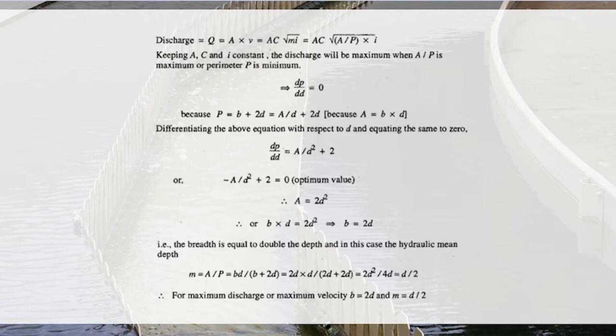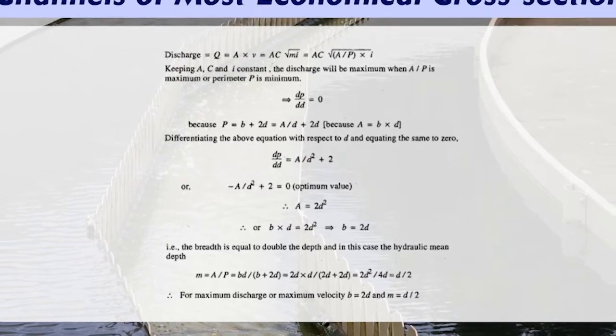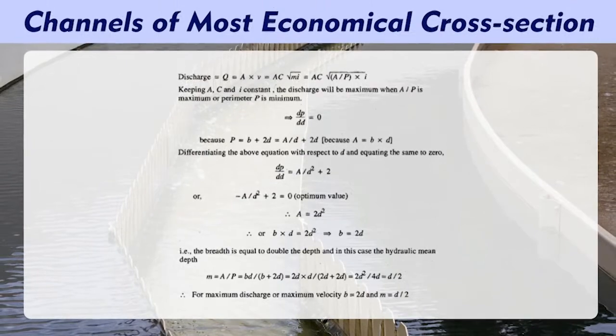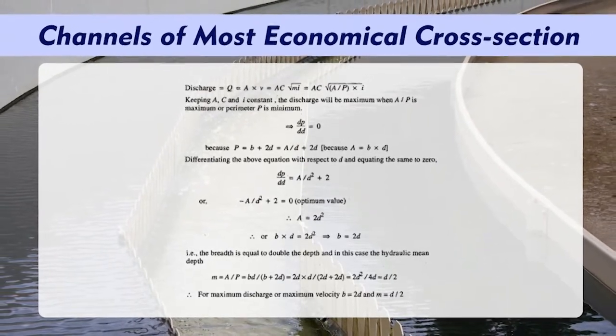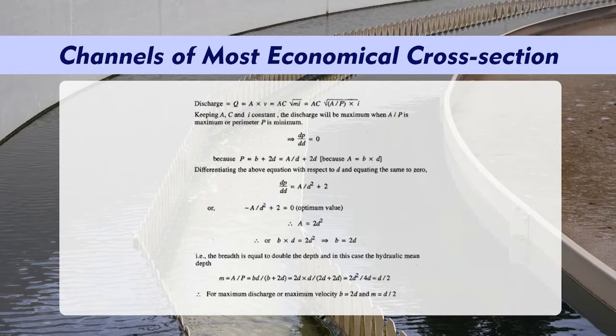So A is equal to 2D square, or we can say B is equal to 2D. So when breadth is equal to double the depth, in this case the hydraulic mean depth m is equal to A upon P, which is equal to D by 2. So for maximum discharge or maximum velocity, B is equal to 2D and m is equal to D by 2.